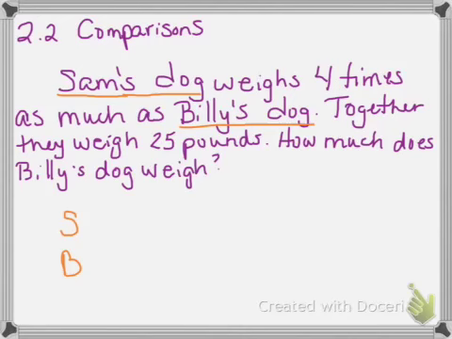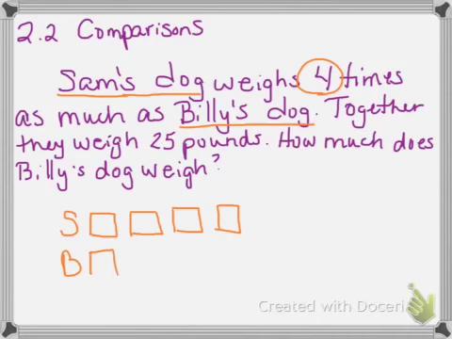So we know that Sam's dog weighs 4 times as much as Billy's dog. So in a bar model, we're going to represent that 4 times with 4 boxes. Each box contains a certain amount, which will be the same for each of the boxes. Then we say, well, Billy is my base number.